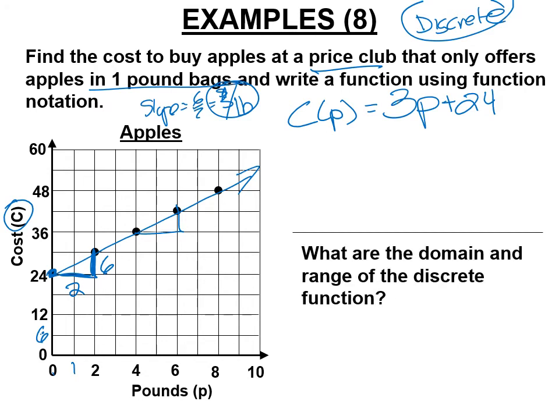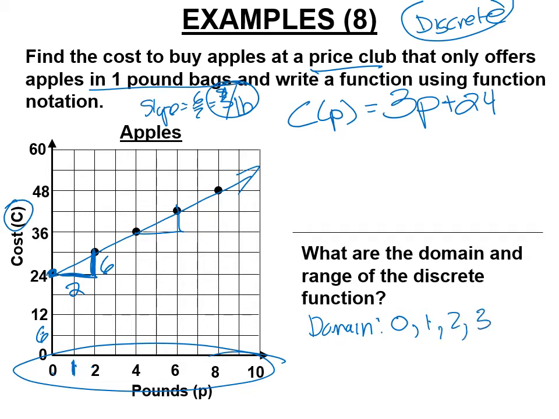What are the domain and range of the discrete function, right? The domain, you could have in your inputs, you could buy nothing and pay 24, and you could have 1. Now, 1 is there, just because I skip over it, right? You can buy 1-pound bags, 2-pound bags, 3-pound bags, right? That's what you can buy. You have to understand the real world consequences.